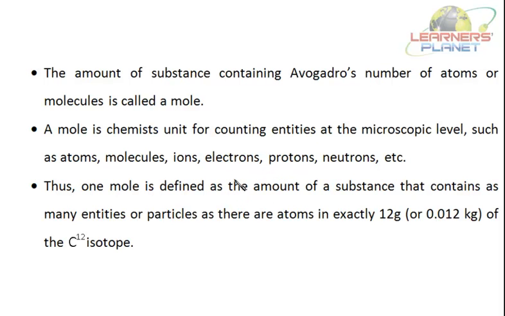Likewise, 1 mole of protons will have 6.022 into 10 to the power 23 protons. Thus, 1 mole is defined as the amount of substance that contains as many entities or particles as there are atoms in exactly 12 gram of C-12 isotope. Right? So do remember one thing, 1 mole of a substance is the amount of substance containing Avogadro number of particles. Now let's solve a few numericals.